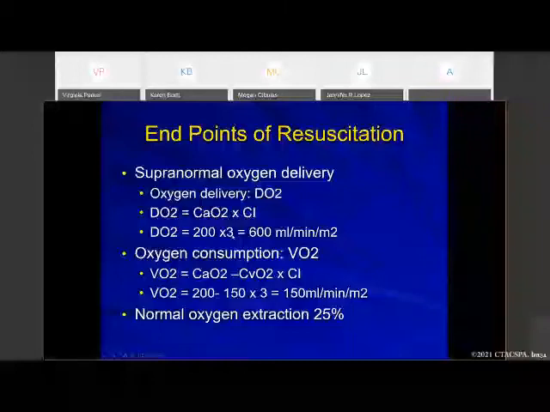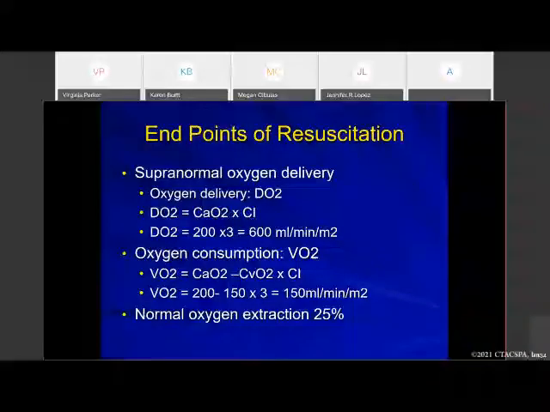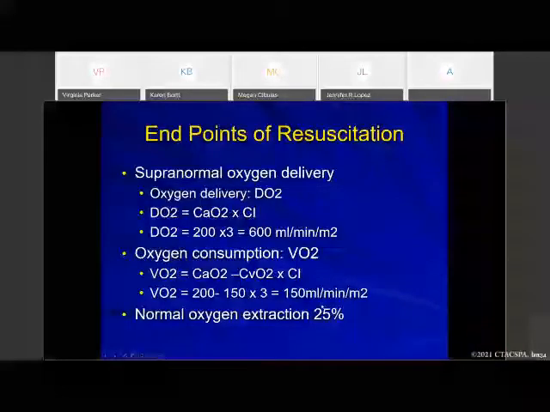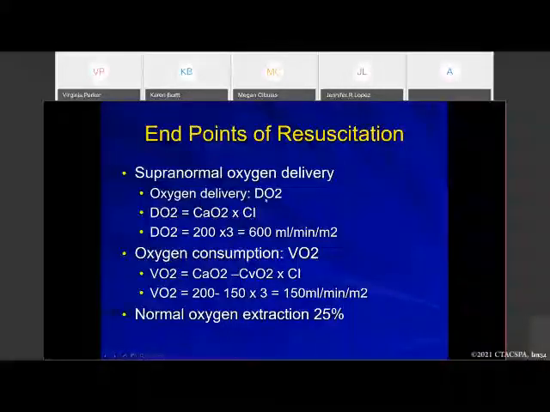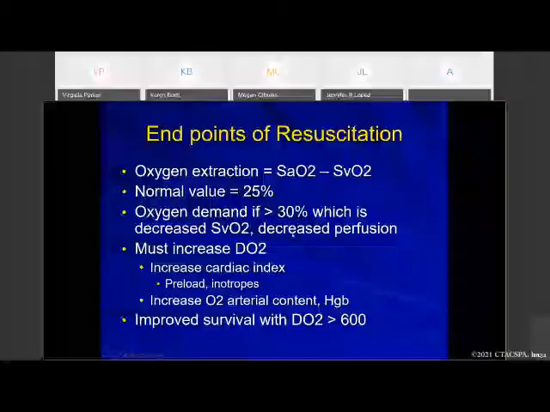A true SvO2 would be from a pulmonary artery catheter, so you kind of look at that if you want in the cardiac patients. And again, the normal number is around 70 to 75, depending on what your SaO2 is. If it's lower than that, you need more delivery. How do you make more delivery? You give them more cardiac output, or you give them more hemoglobin if the hemoglobin is low.